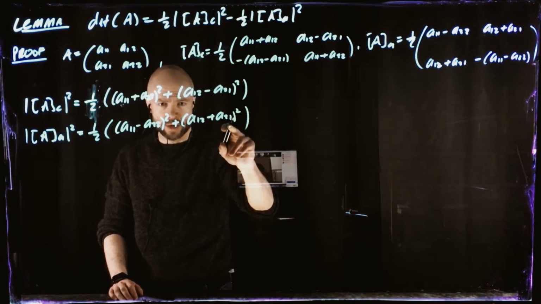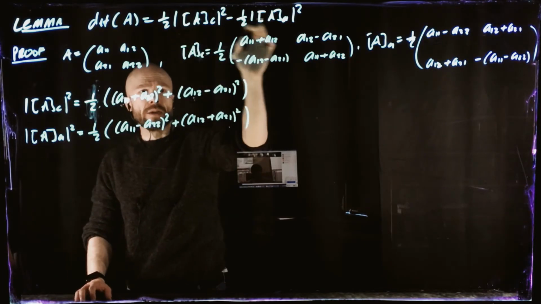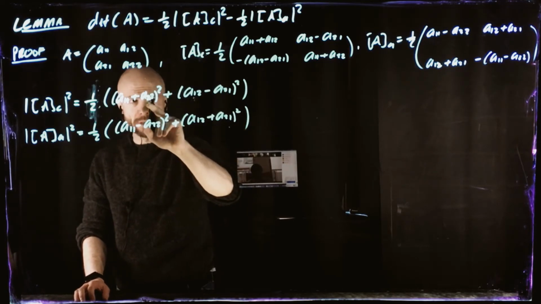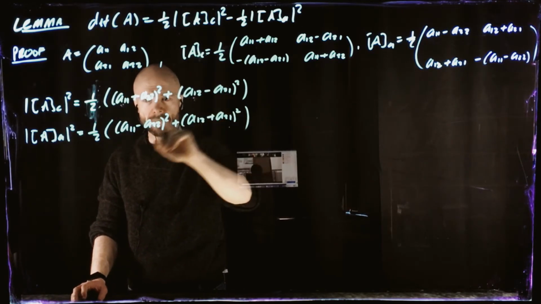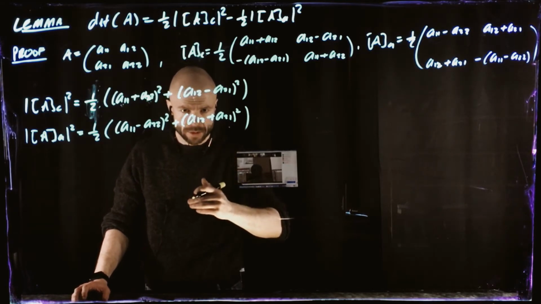Just algebraically we can see that. The only thing that will survive when we take this guy minus this guy will be the mixed terms, when this is multiplied by this, and this is multiplied by this. Everything else will just be cancelled because the signs are the same.